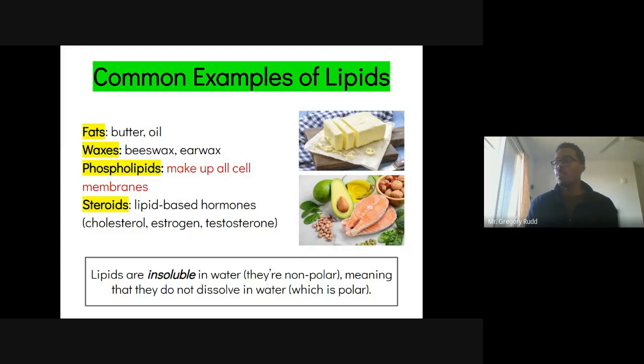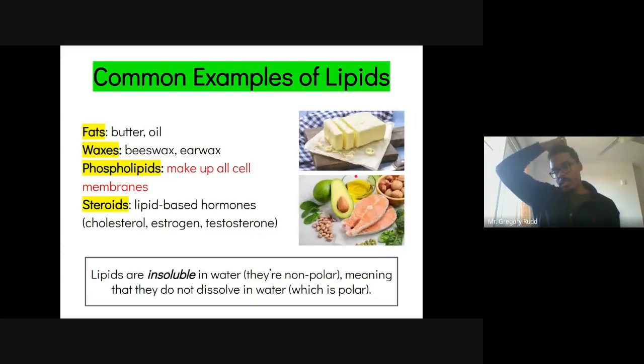If there are no double bonds present, meaning we call it saturated, this is a saturated fat, then it will appear to be solid at room temperature. Unsaturated fats have double bonds, and so they're liquid at room temperature.